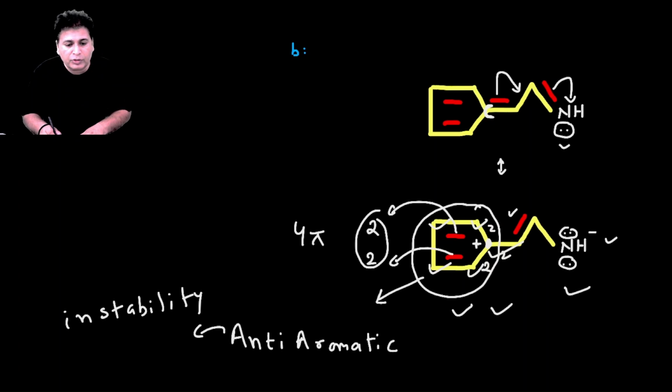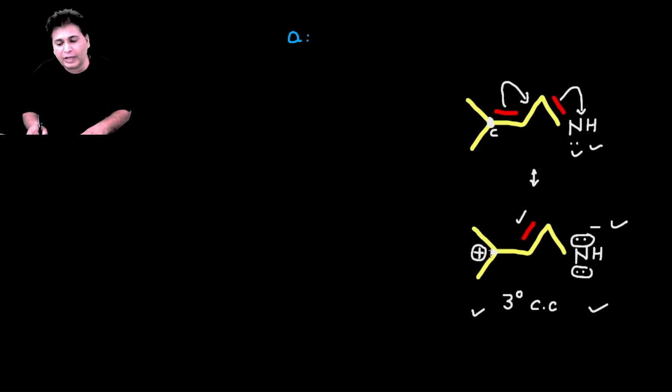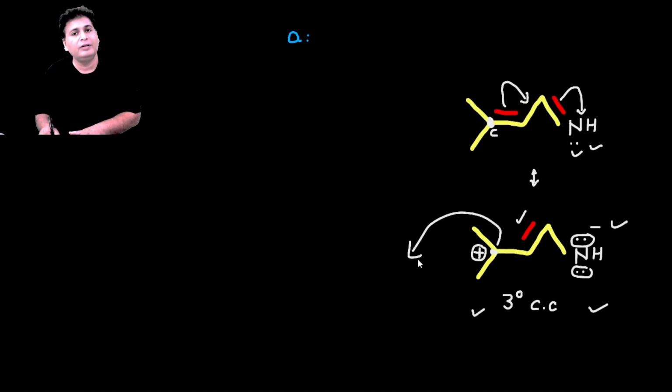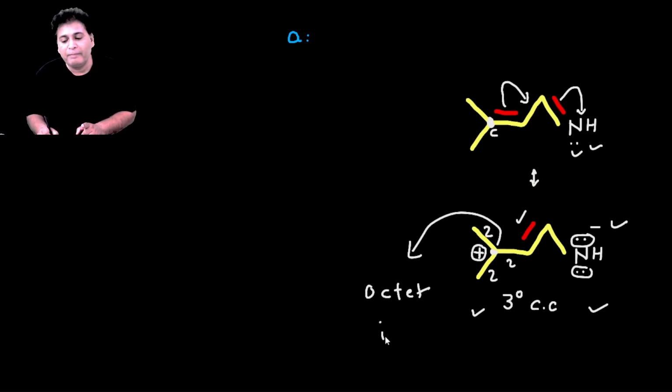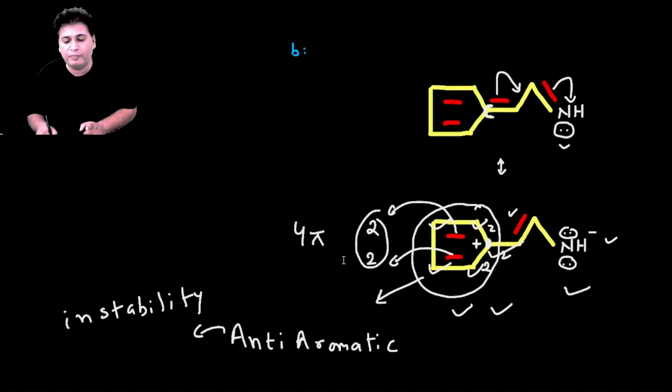If you come to the case A, here also you can find the electrons have shifted to nitrogen, giving two lone pairs, and you have created a carbon with the plus charge, and this will have 6 electrons, 2, 4, 6. So the octet is again incomplete, but this is a better carbocation in comparison to B, because in B you had anti-aromatic character.